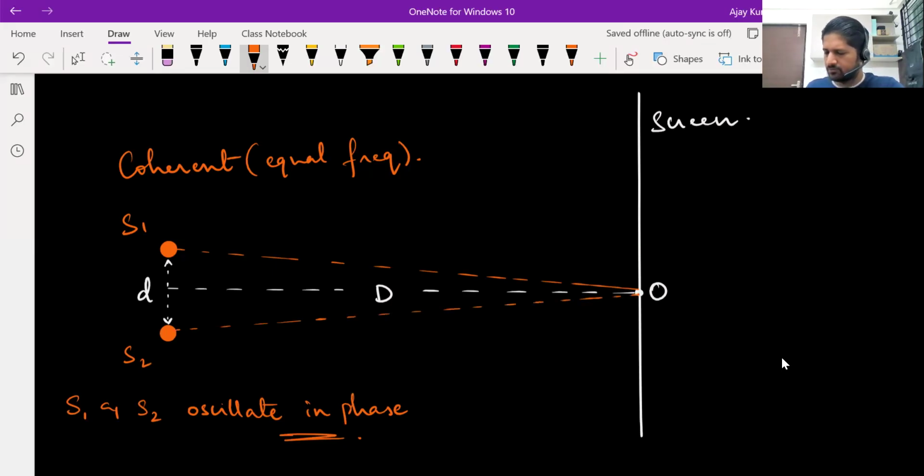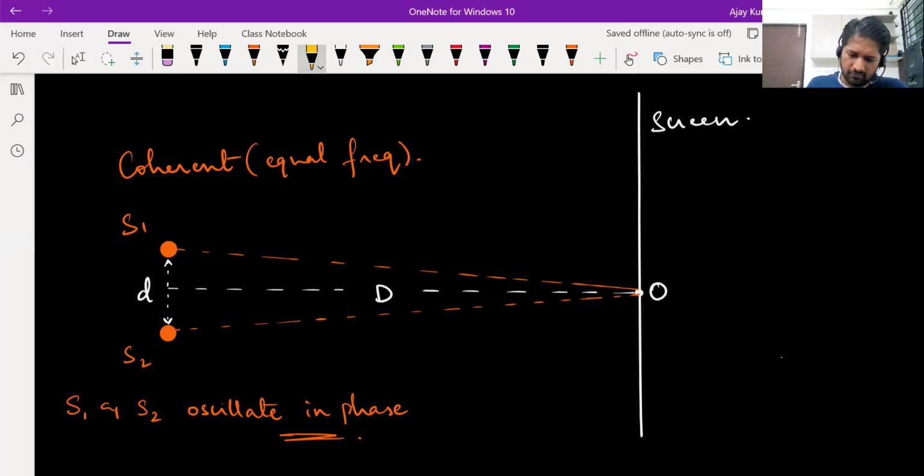Then Isha, you tell me from what we just discussed, will they arrive there with any phase difference or will they arrive there in the same phase? The sources are in phase. The waves coming to the point O, will they come in phase or will they arrive with a phase difference? In phase. They'll arrive there in phase with each other, correct? Because the distances are same.